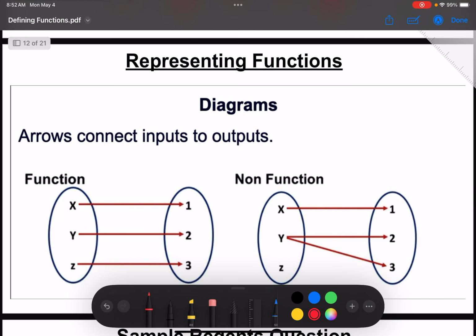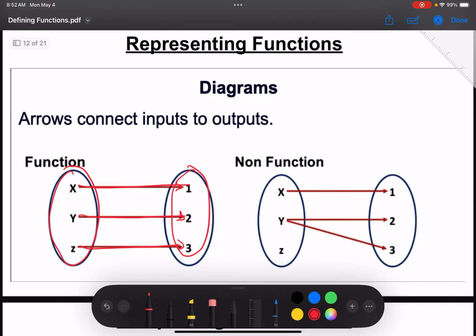Lastly, we have diagrams. The same idea kind of applies. We have here our x values and our y values. So these are our x values, our input, these are our output. And we see that each input only has one output. So it only has one arrow.